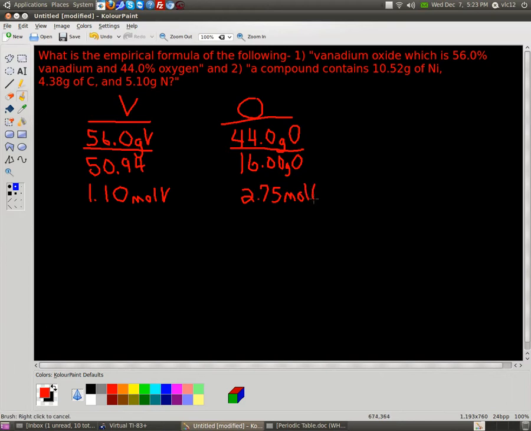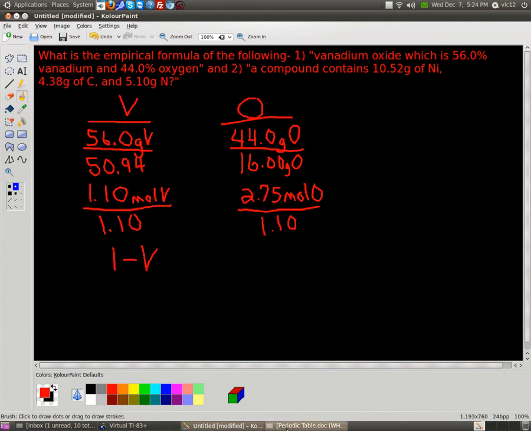Now, once you get down to moles here, what you want to do is divide by the smallest amount. The smallest amount of moles here is the 1.10. Okay, so we'll divide by 1.10. And what you're doing is basically forcing it to be exactly 1. So divide by the smallest amount, and what that does here is that gives you 1 vanadium.